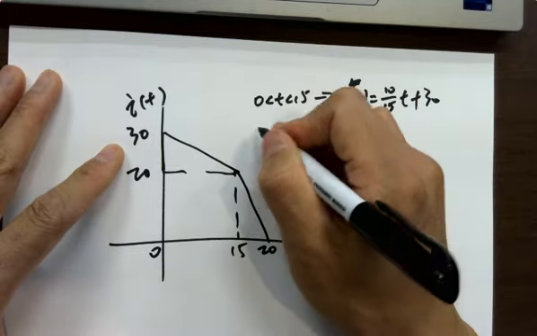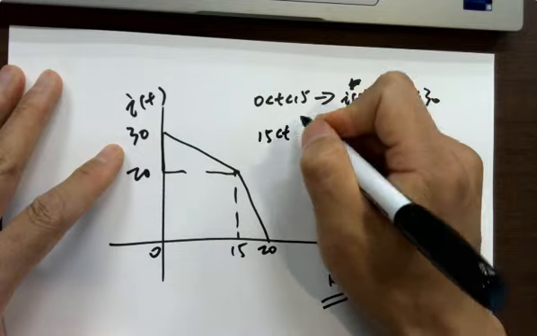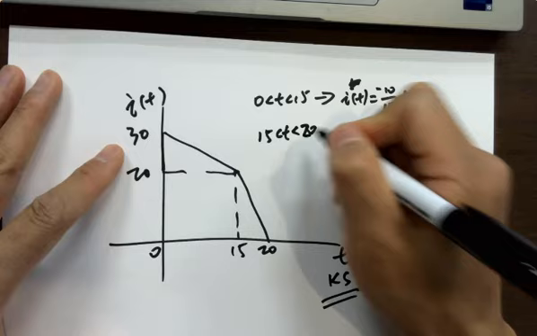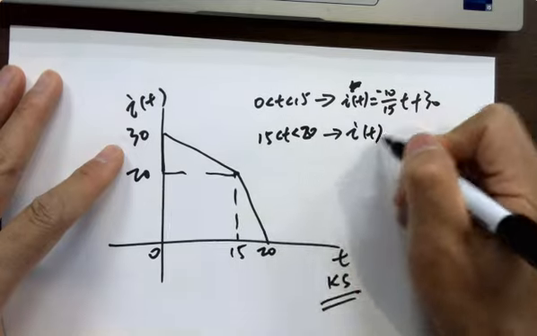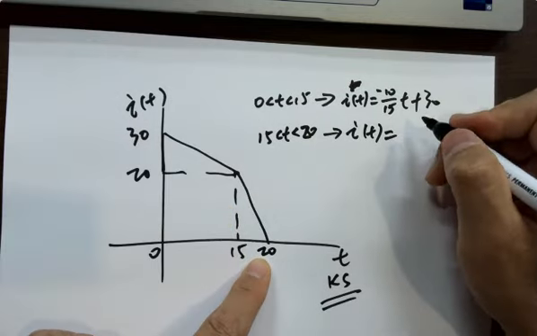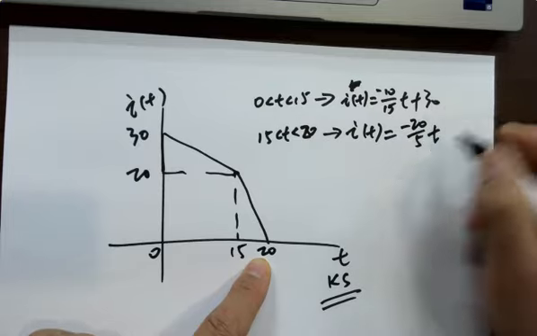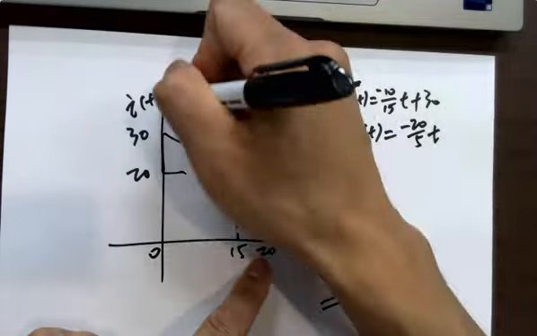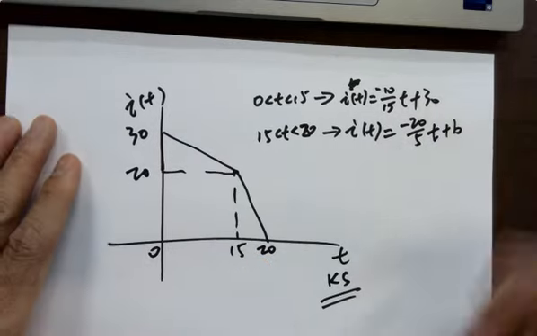What about the second one, which is 50? Oh yeah, that's right. So it's 15 and 20. So I(t) equals, the slope here is 20 over 5. Oh, negative 20 over 5. And since we don't know the intercept here yet, let's just add b for now, right?